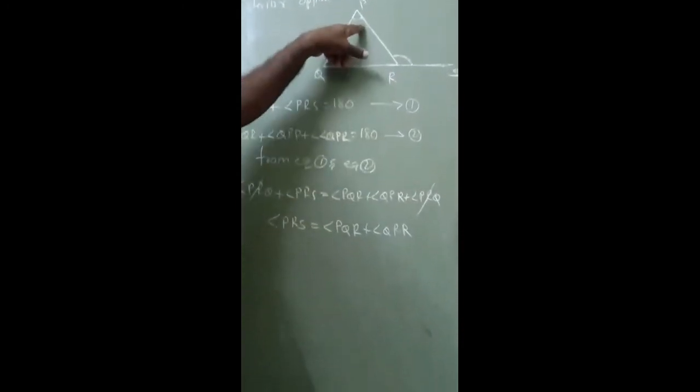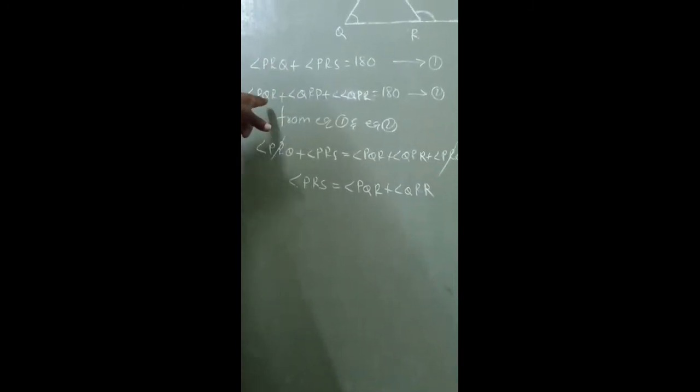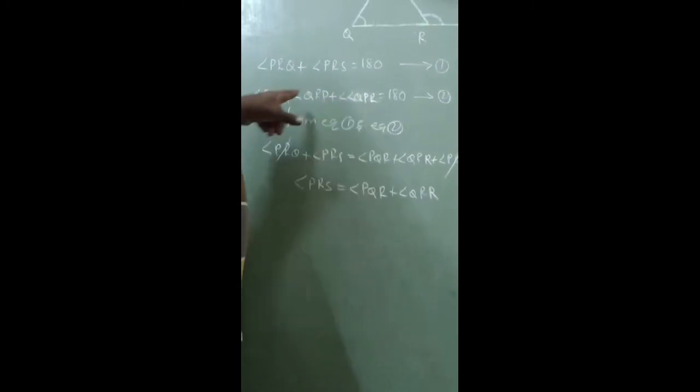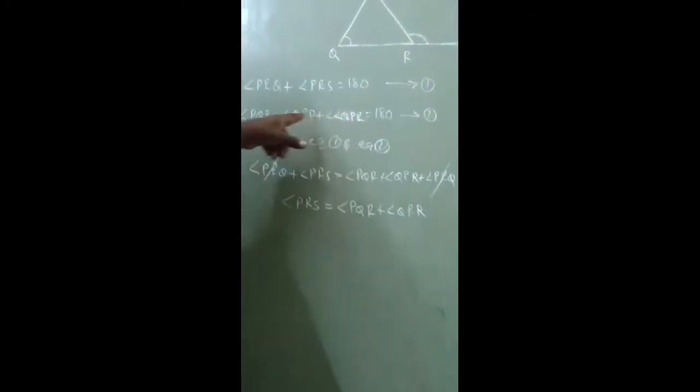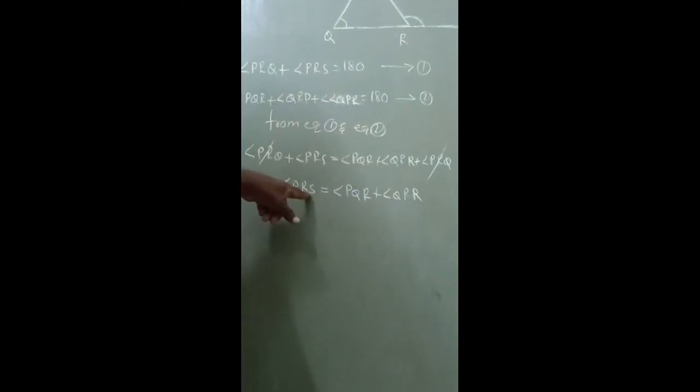See here, angle PQR plus this angle plus this angle is equal to 180. Here PRQ is there on both sides, so this angle is cancelled. What remains is angle Q plus angle P equal to this extra angle, angle PRS.